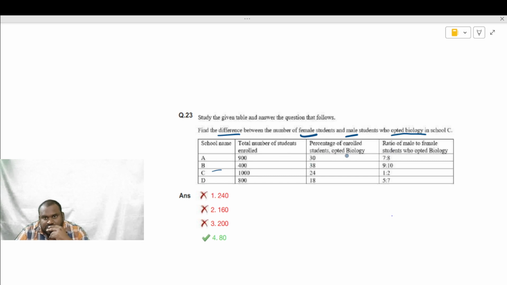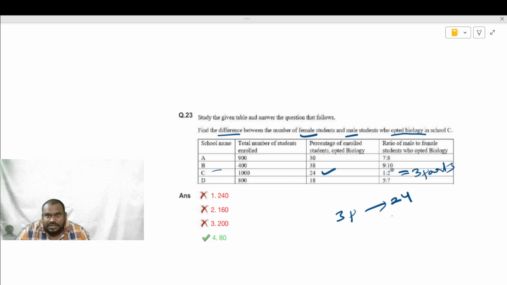Percentage of enrolled students who opted for biology is 24%, including male and female. But the ratio given of male to female students who opted for biology is 1:2. So if you add both, it is three parts. Three parts should be equal to 24.